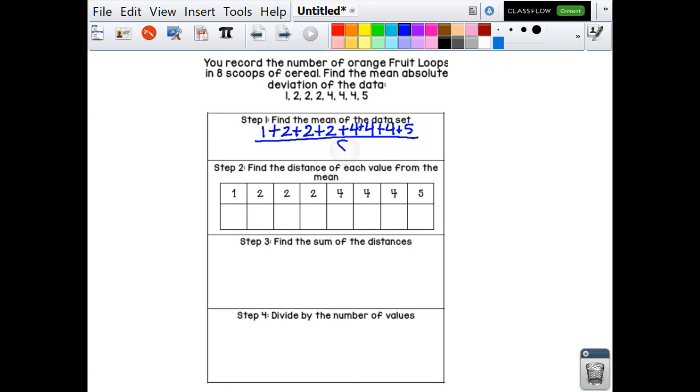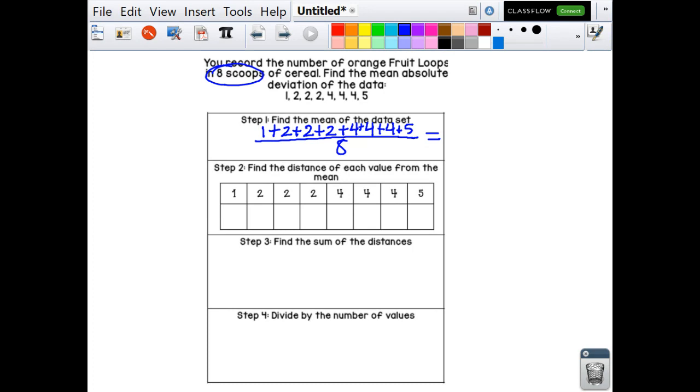So we're going to divide by 8 because it told us there's 8 scoops right here. So you should have done 1 plus 2 plus 2 plus 2 plus 4 plus 4 plus 4 plus 5 divided by 8. What did you get?